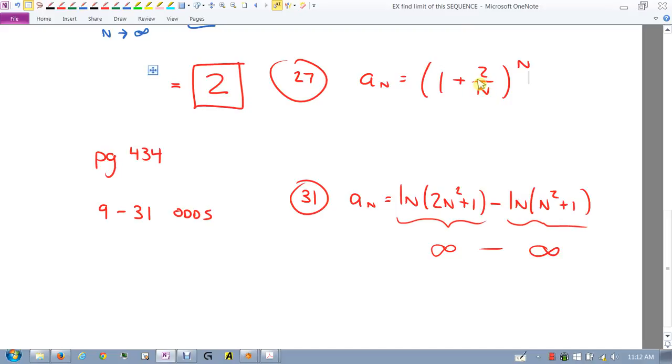This is approaching 0. So 1 plus 0 looks like the base of this is approaching 1, right? And then the exponent is approaching what? Infinity. That, again, is an indeterminate form from Cal 1. Because we're saying the base is not 1. It's getting close to 1, right? And the exponent's trying to get huge.